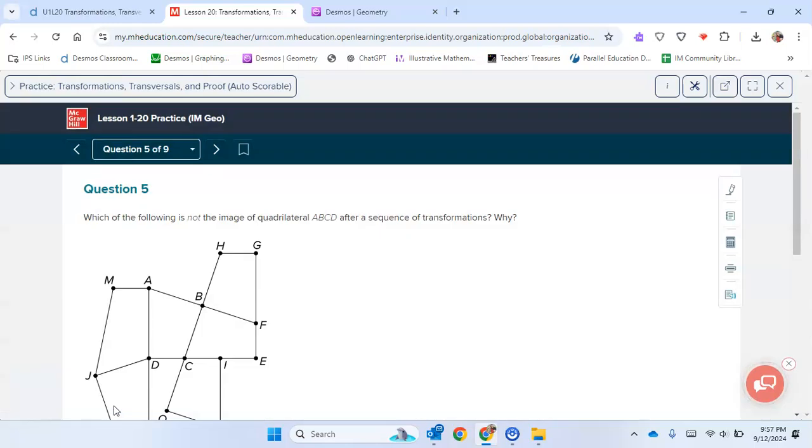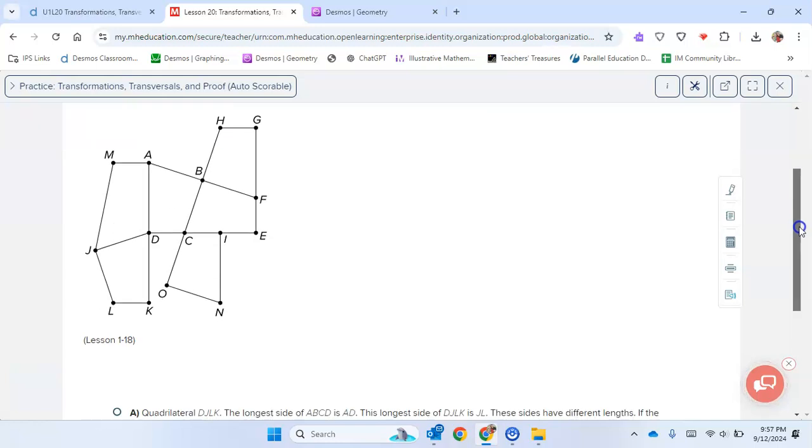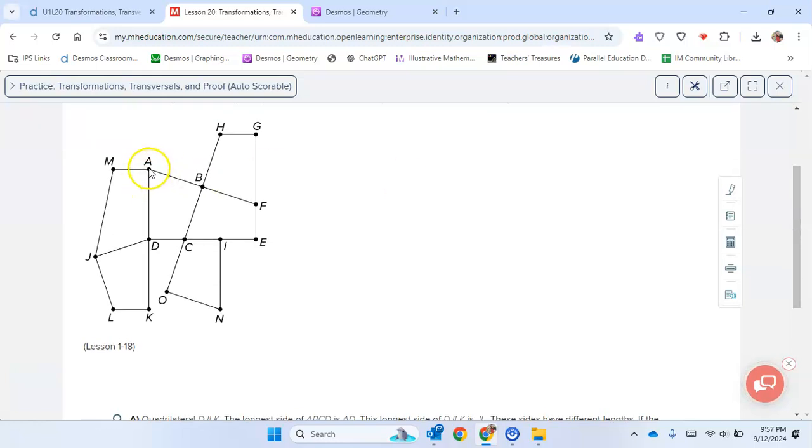Question 5. Which of the following is not the image of quadrilateral ABCD after a sequence of transformations? Well, you can see ABCD has the same size and shape as all of these quadrilaterals except AMJD.